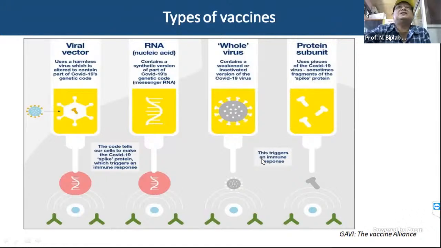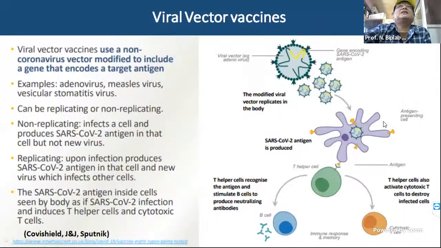When we talk about the COVID-19 vaccine, we have 4 types. One is the viral vector vaccine, the RNA nucleic acid vaccine, the whole virus vaccine, and also the protein subunit vaccine. Now, the viral vector vaccine uses a non-coronavirus vector which is modified to include a gene that encodes a target antigen.